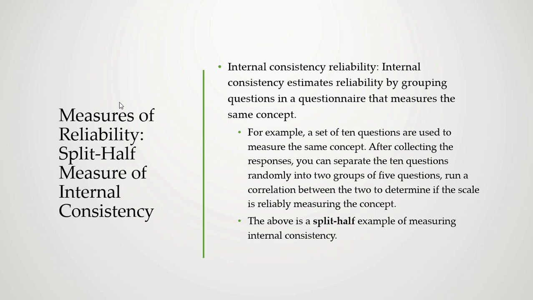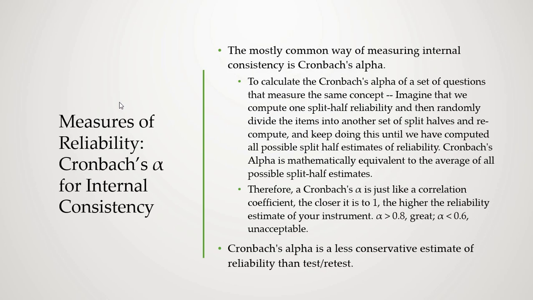Each respondent in the entire sample will have two scores, one from each half. The correlation between the two sets of scores from the two halves is the value of the split half measure of internal consistency. Finally, the most common measure of reliability we encounter in the literature is called the Cronbach alpha.